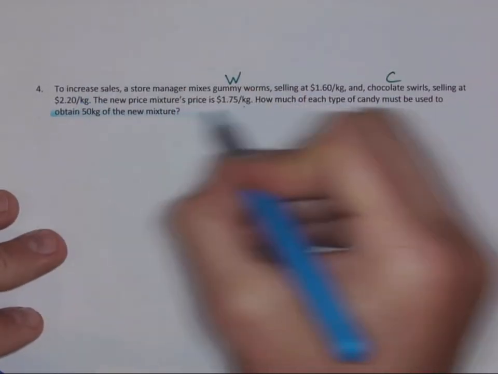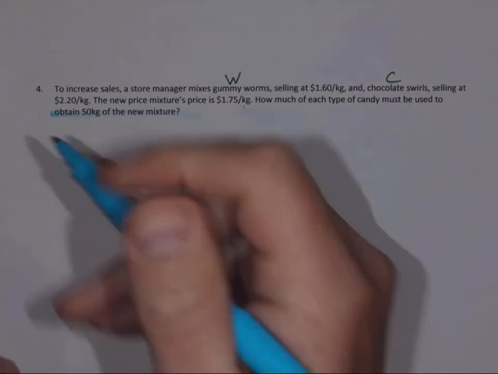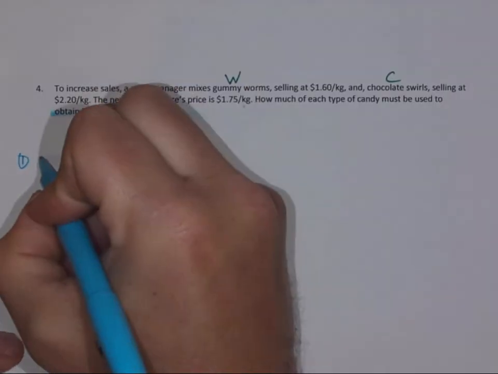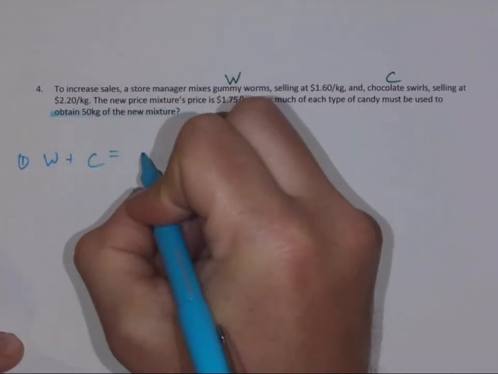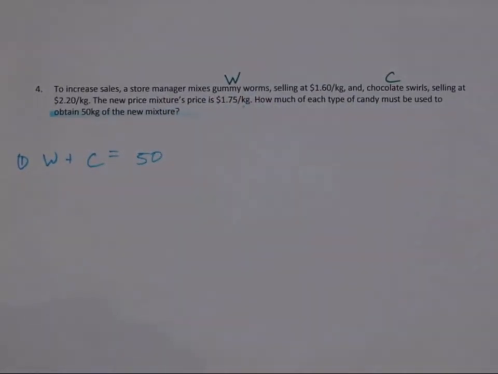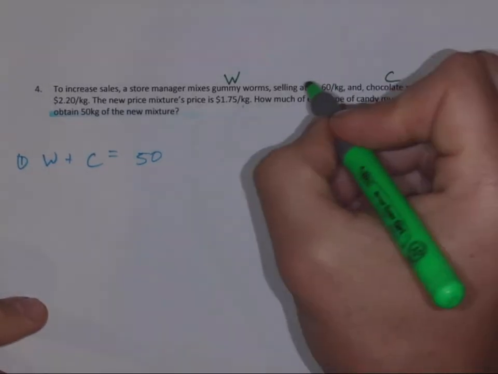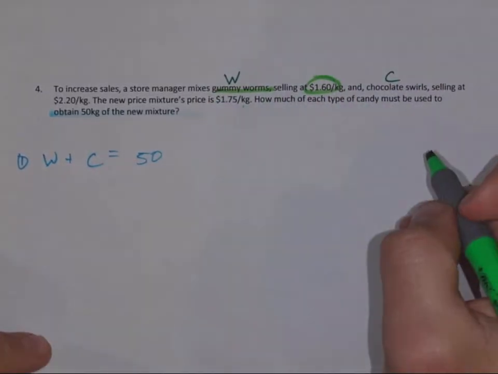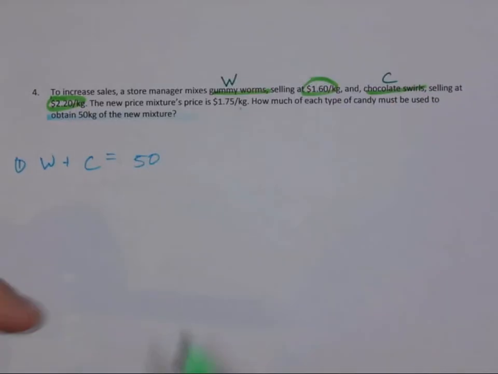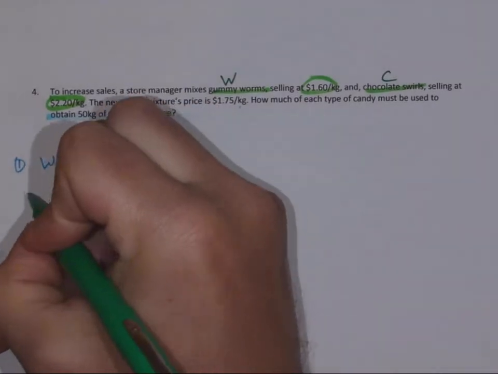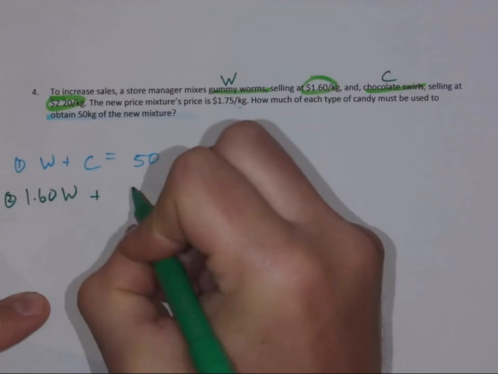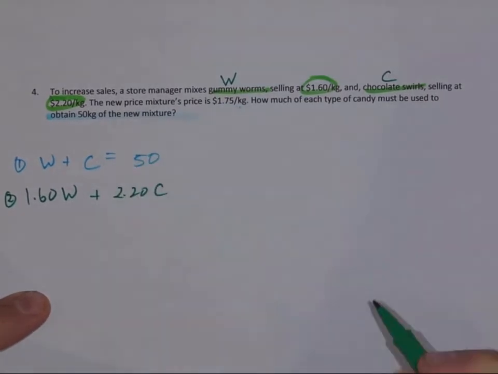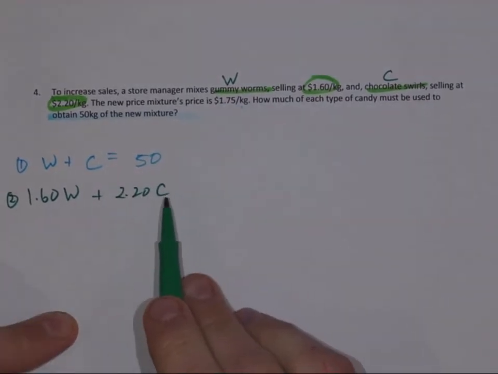So kilogram, we're all good. But again, equation 1 is going to be the amount of gummy worms and the amount of chocolate swirls is going to equal 50 kilograms. The second one is the weight. So we have gummy worms is $1.60, and chocolate swirls is $2.20. So just like the concentration, we're going to have the price per weight of gummy worms times the weight of gummy worms, plus the price per weight of chocolate swirls times the weight of chocolate swirls.